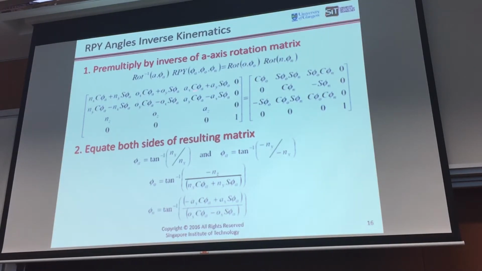It's actually just equating both sides of these matrices. How do I get this? You look at the first element, 2 dash 1, this. Look at this and you look at this. This whole thing equals 0.